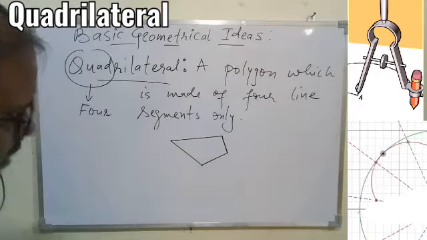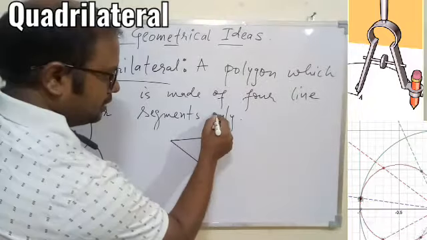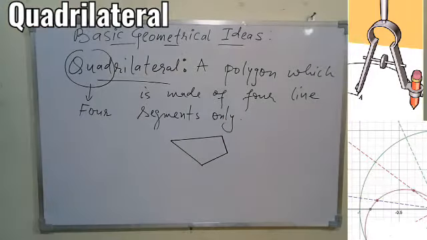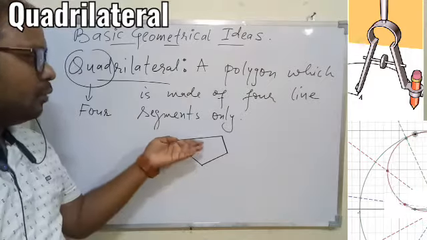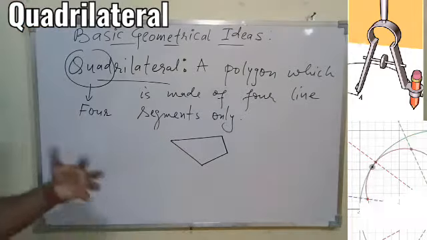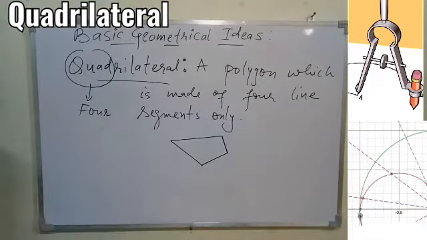You can see overall this is a polygon and a closed curve, and how many line segments do you see? 1, 2, 3, 4. Again, we can give names to the different points in this polygon.